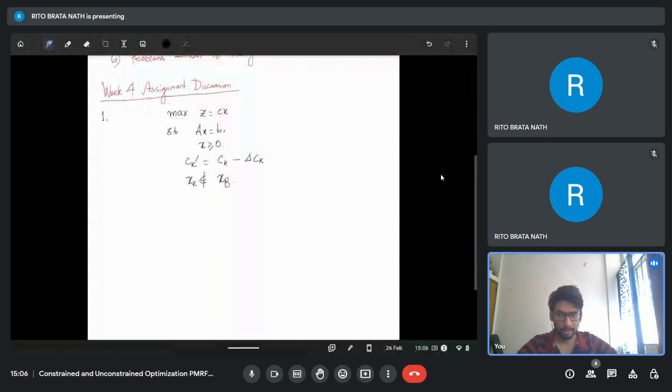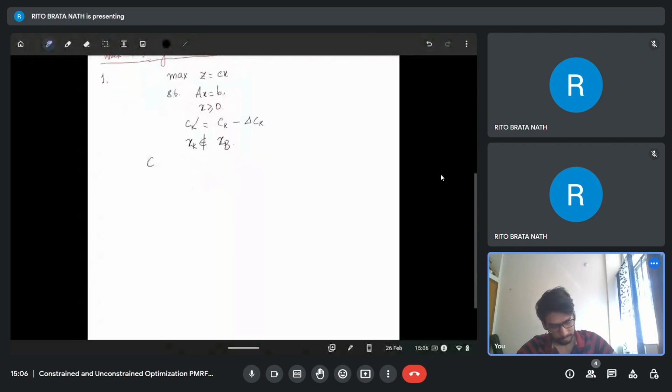Then you can calculate zj minus cj, which is the reduced cost, and this will be greater than or equal to 0, or for basic variables, if I'm not wrong, it becomes 0. So the reduced cost is 0 for basic variables, for all j belonging to the basis, or rather let's say the index of that basis.